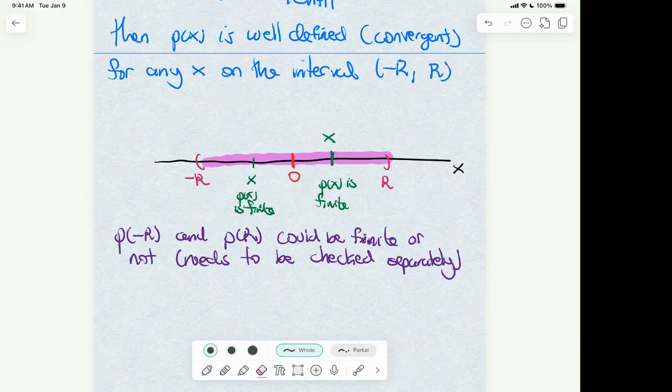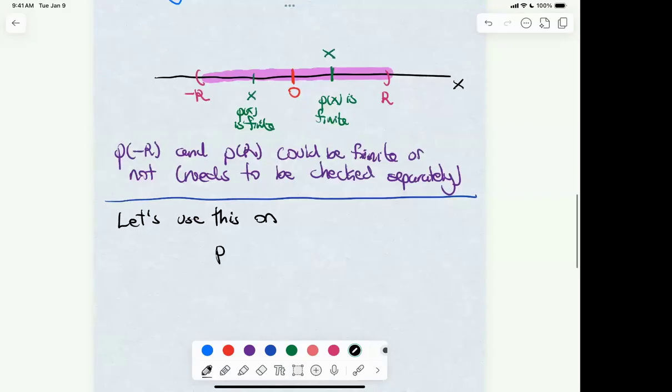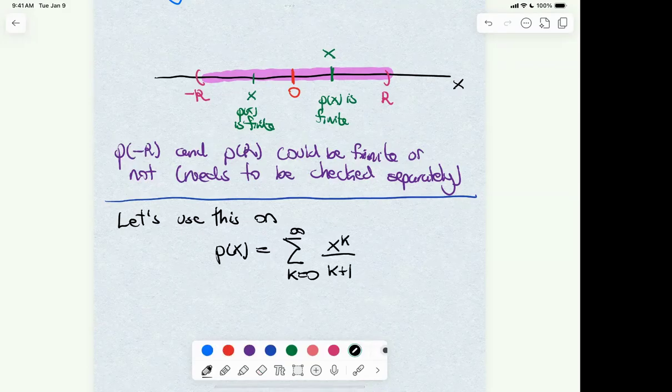Again, what you have to identify is the coefficient in front of x, the power of x. So the coefficient in front of x to the k is 1/k+1.